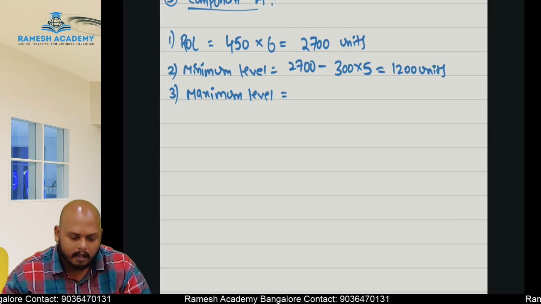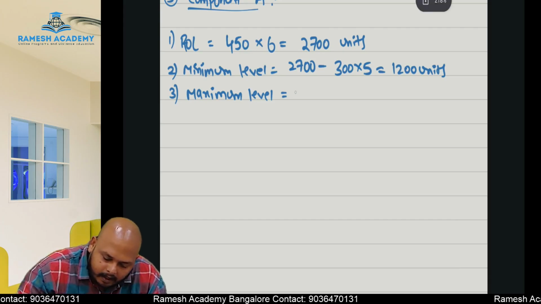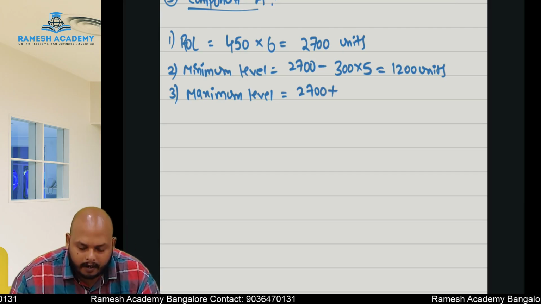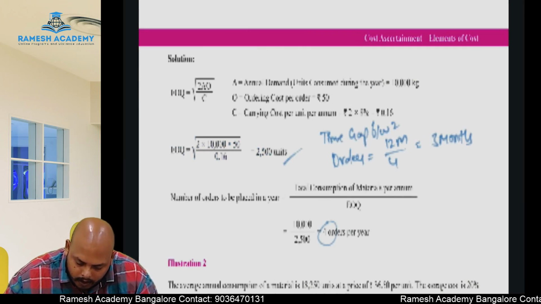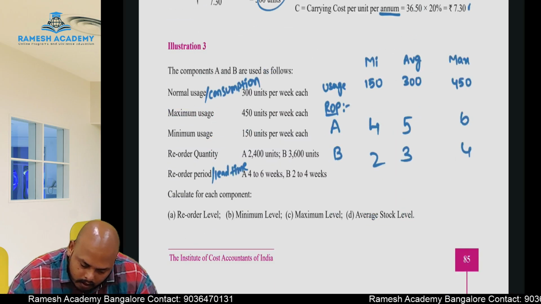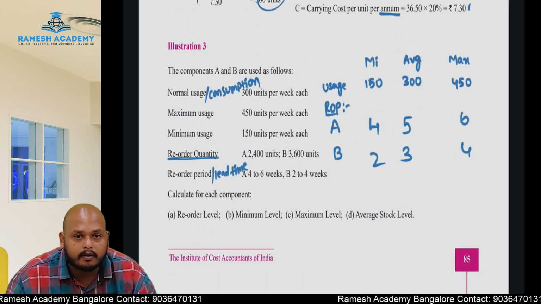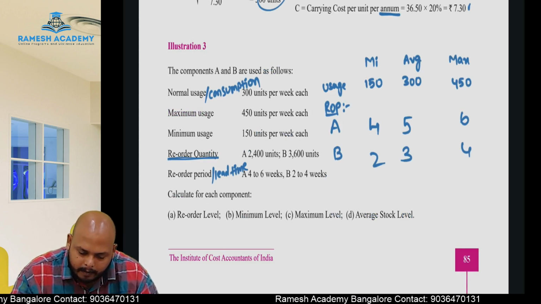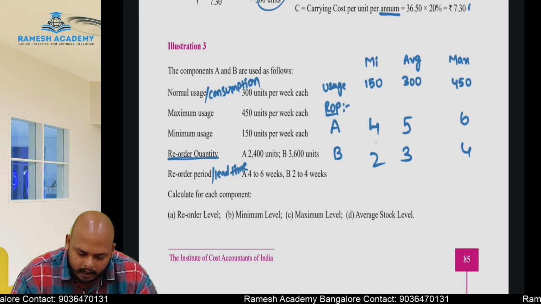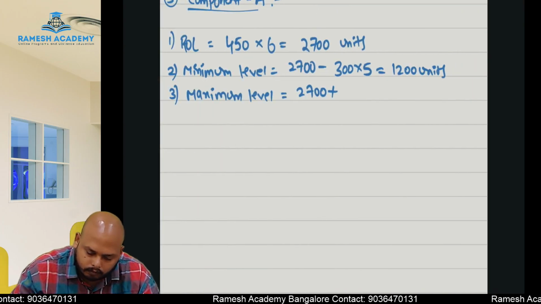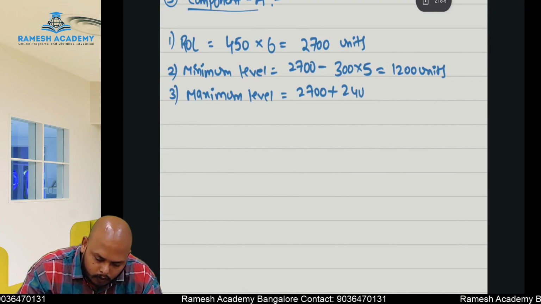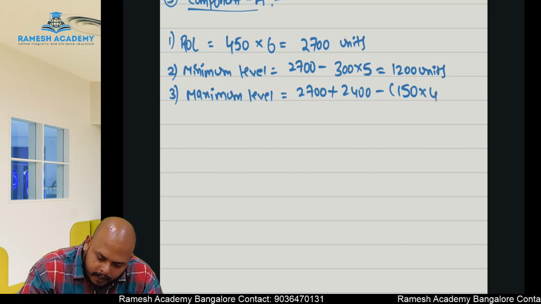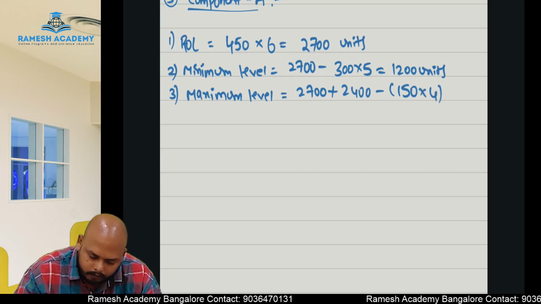Reorder level we already calculated, 2700, plus reorder quantity for component A, which is already given in the question, 2400, minus minimum consumption 150 into lead time 4.